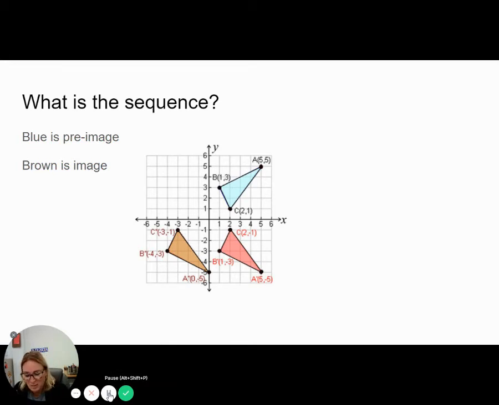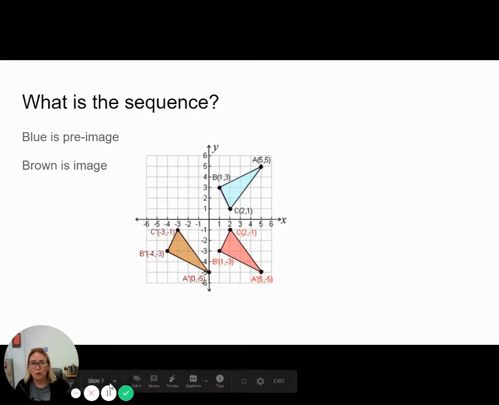So hopefully you came up with the first was a reflection over the x-axis. We reflected it down. And then it was translated or slid over. It was translated 5 in the X and 0 in the Y. Okay, so hopefully you're starting to see some of these patterns as they go through.